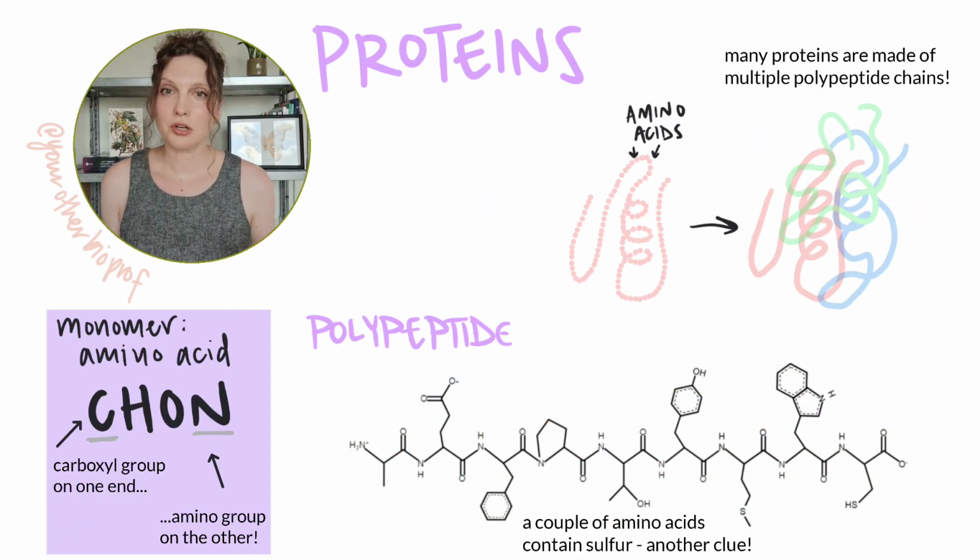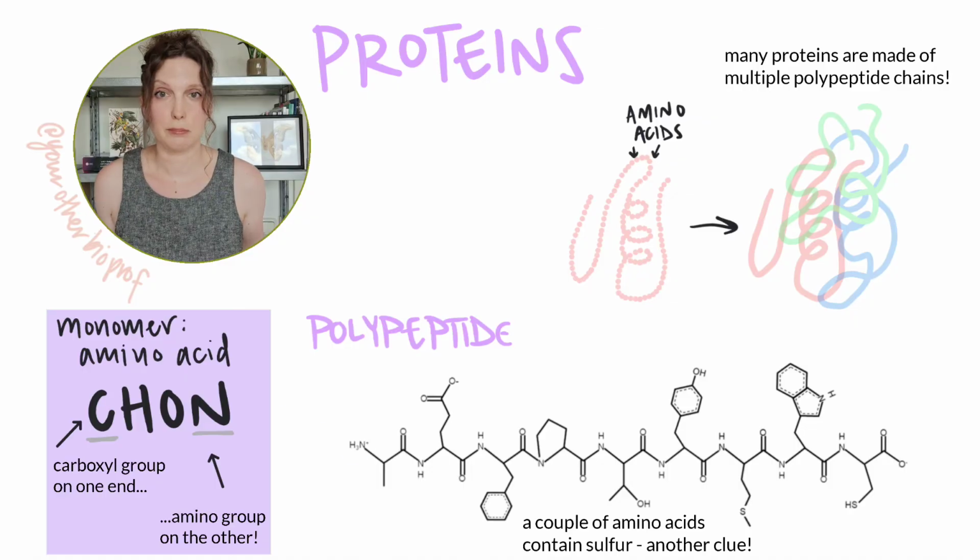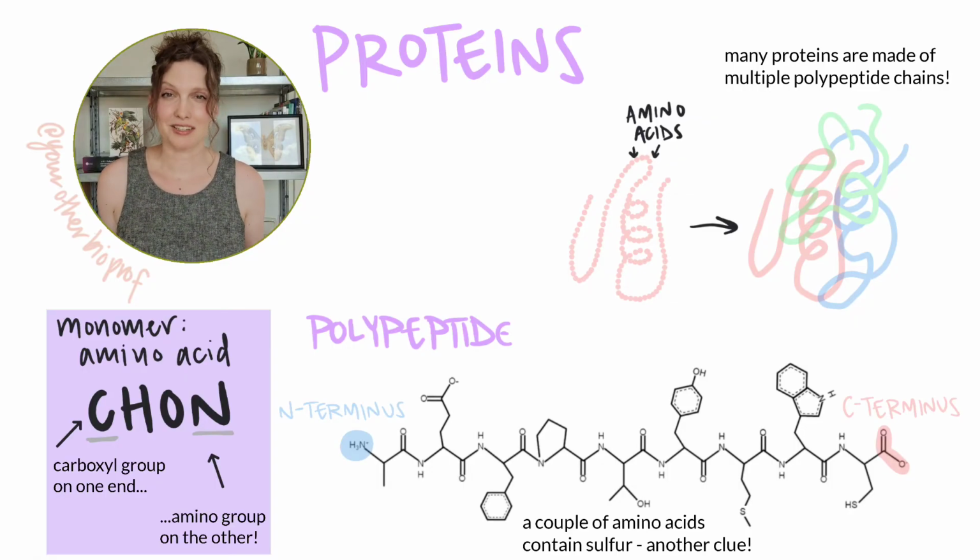In the polymers, you can look for the N-terminus, the amino terminus, on one end, and the carboxyl or C-terminus on the other end to confirm that you've got the right macromolecule.